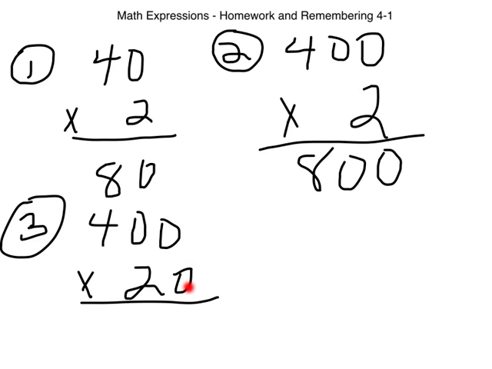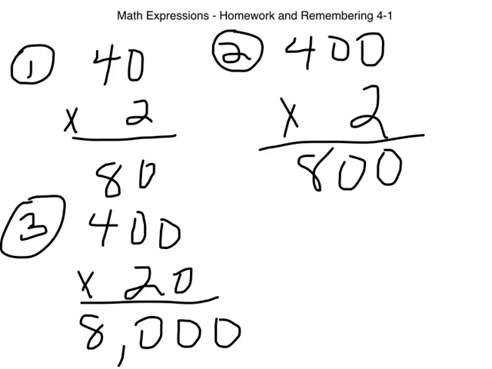Cover these 3 zeros and just multiply the numbers 4 times 2, which will give you 8. And then those 3 zeros you were covering, add those back to the end of the 8, and you have 8,000. So 400 times 20 is 8,000. You see again we're adding an extra 0. So we had 1 zero in 40, or in 80, 2 zeros in 800, and 3 zeros in 8,000.